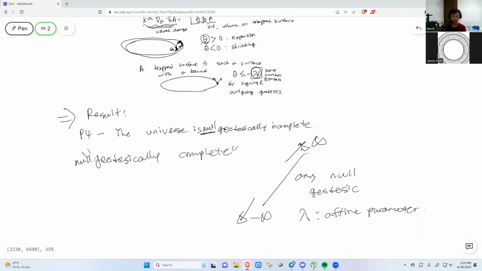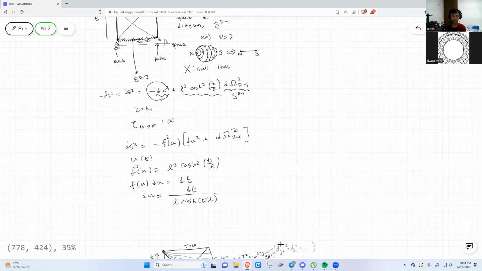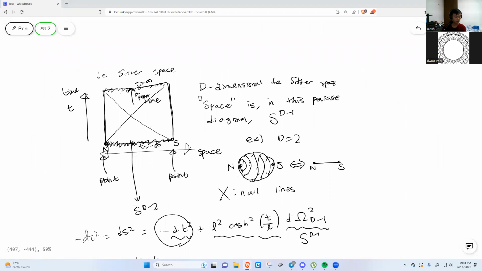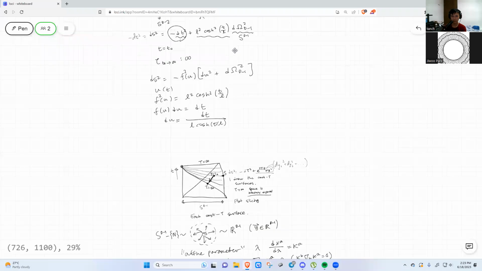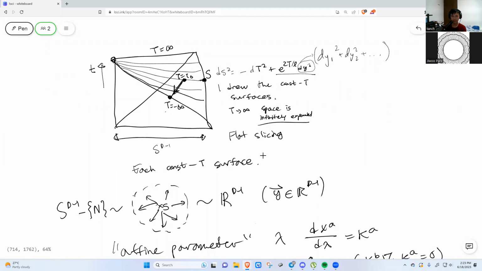But if you go to the de Sitter case, to the Penrose diagram I drew above, you can see that this is actually true. This null geodesic that I drew over here cannot be continued beyond a certain affine parameter in the past because it leaves the particular patch we're talking about.